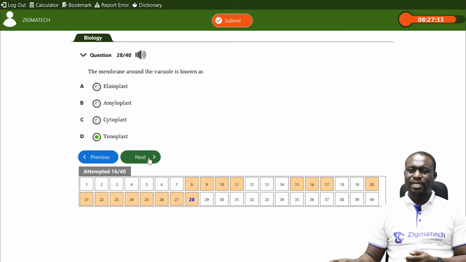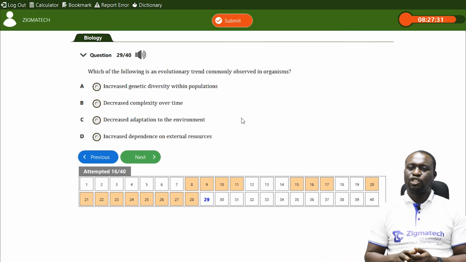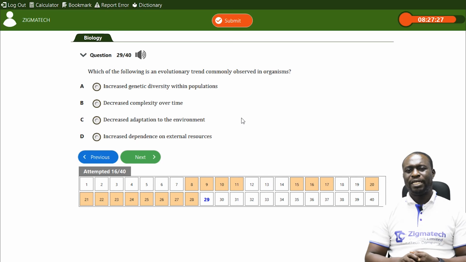Next is question 29. Which of the following is an evolutionary trend commonly observed in organisms? A says increased genetic diversity within populations. B says decreased complexity over time. C says decreased adaptation to the environment.